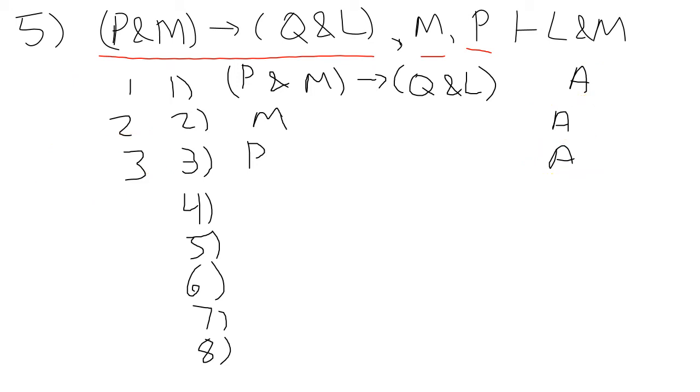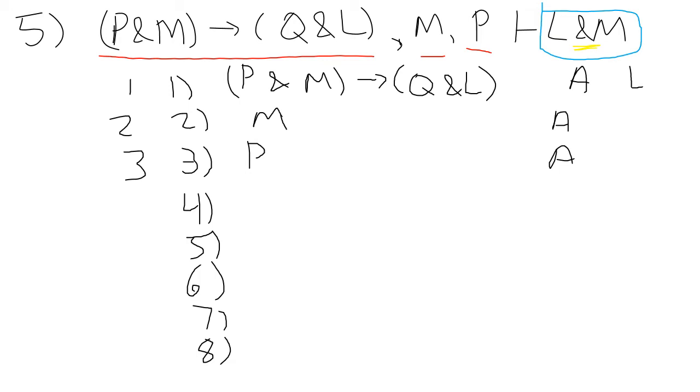So let's look at our conclusion. Our conclusion is L and M. Do I have L and M by itself anywhere here in the proof? No, I don't. So that tells me right away that I'm going to need to build it. I need to make L and M. And how do I do that? Well, my main operator is an ampersand.